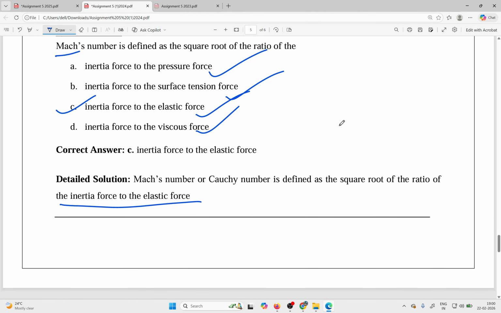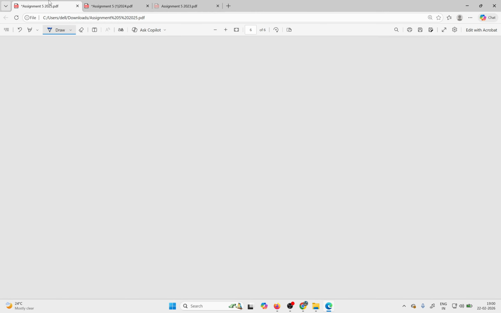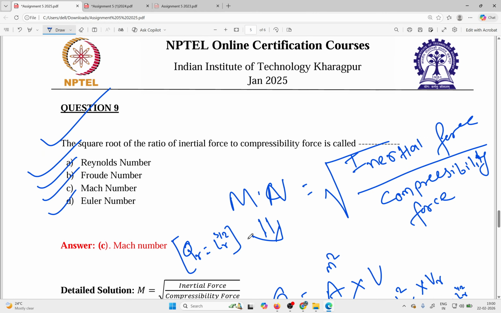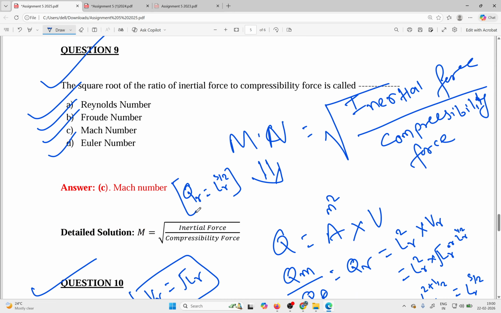Previously we have seen the Mach number related to the compressibility force. I think there is some mistake. Let me show you. Here Mach number is the square root of the ratio of inertial force by compressibility force. Is it not the Mach number, but the Euler number?